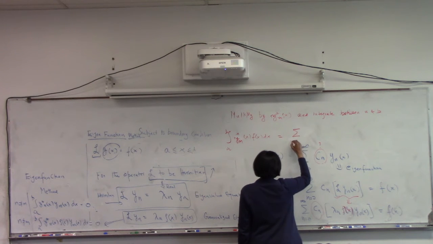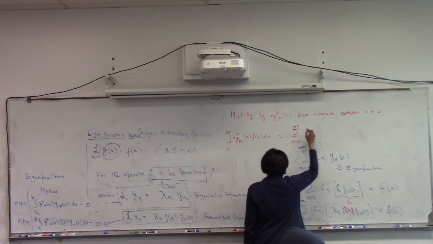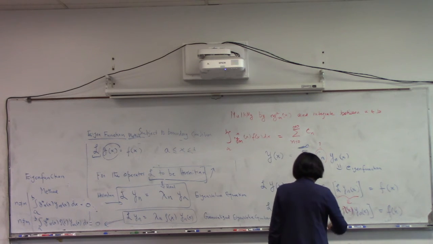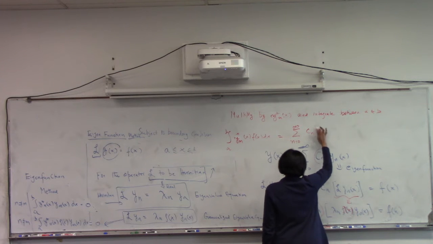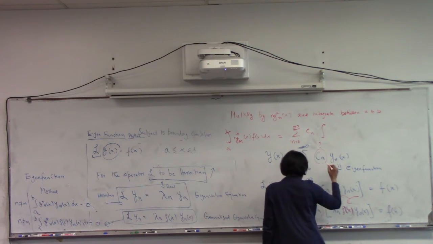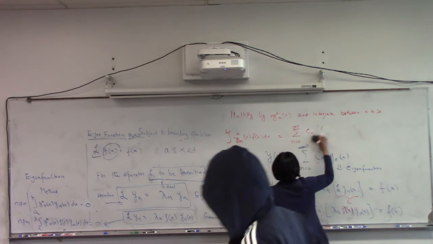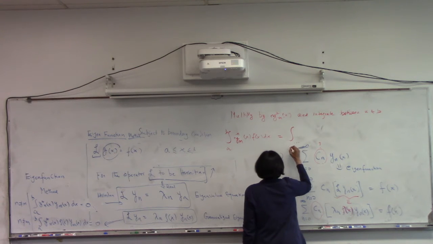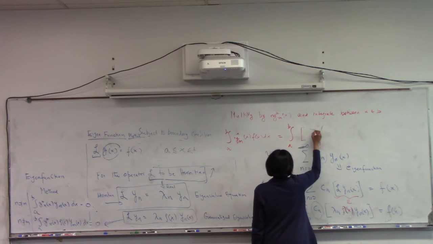I've got n going from 0 to infinity, c_n, and I need to apply that orthogonal relationship. We can rearrange it a little later.